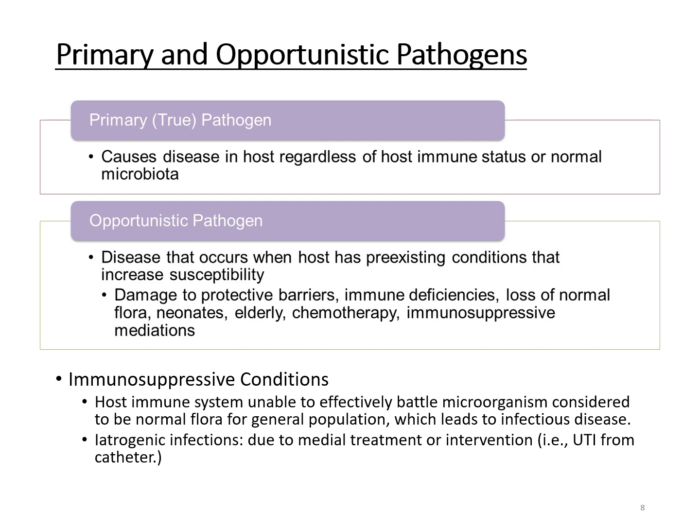Now, an iatrogenic infection is due to some sort of medical treatment or intervention that has allowed that infection to take place. An example of this would be getting a UTI because you cath someone.